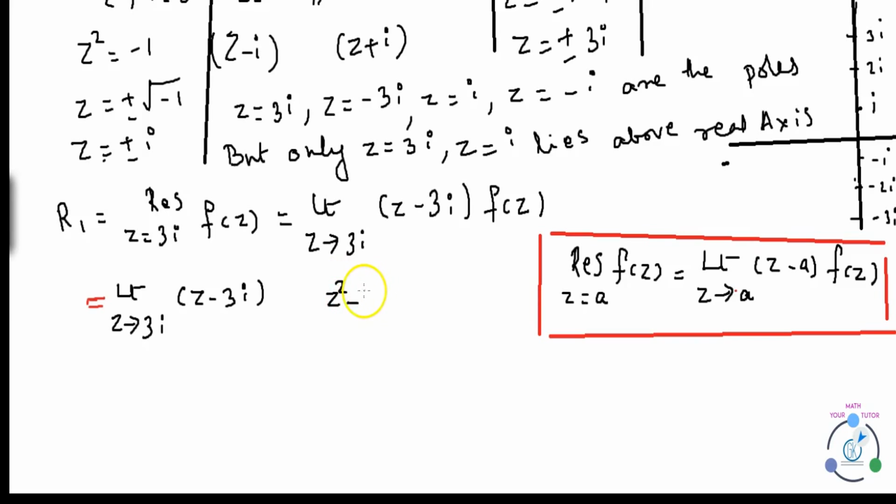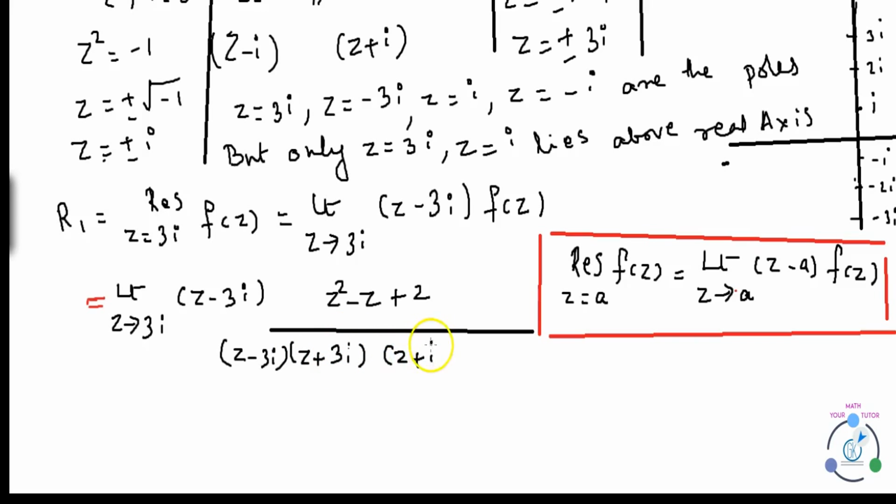Substitute a is equal to 3i in the formula, then limit z tends to 3i, (z minus 3i) into f of z, which is z square minus z plus 2 by (z minus 3i) into (z plus 3i) into (z plus i) into (z minus i).